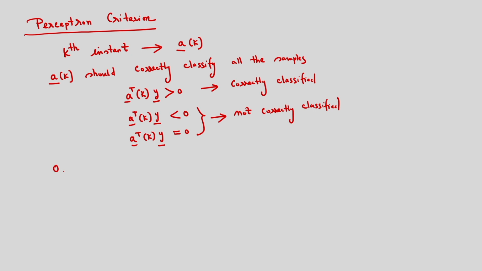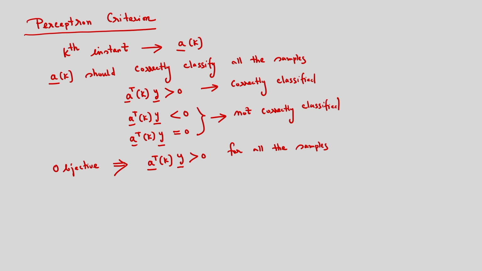So what is my objective? The objective is to find a transpose k y greater than 0 for all the samples. That means all the samples belonging to all the classes should be correctly classified.